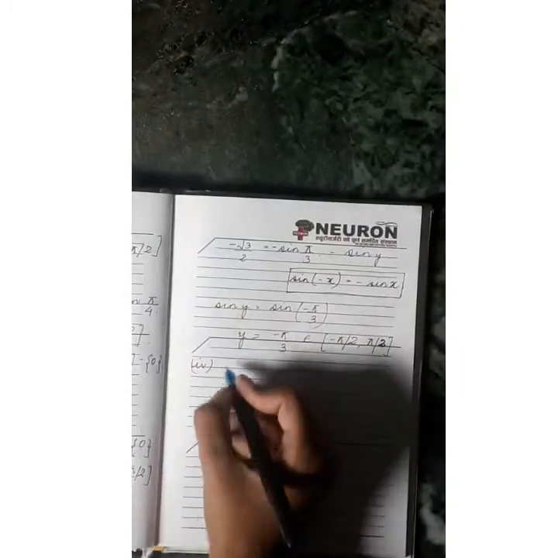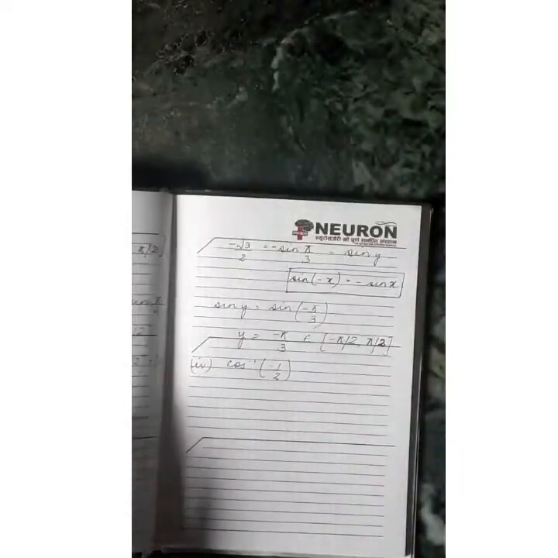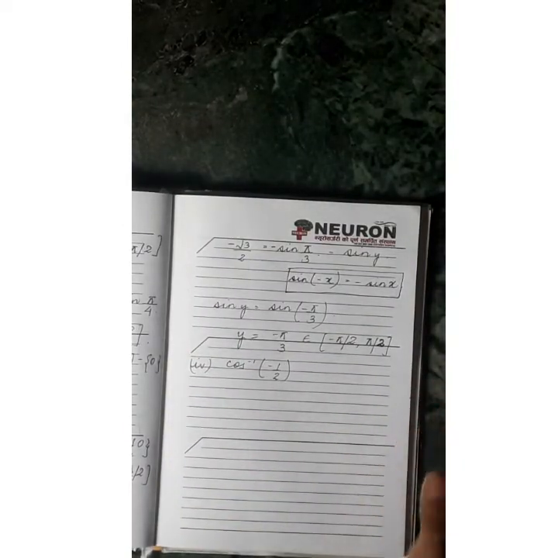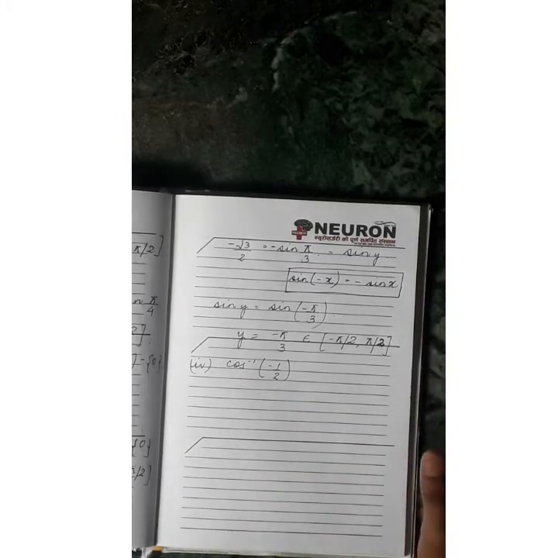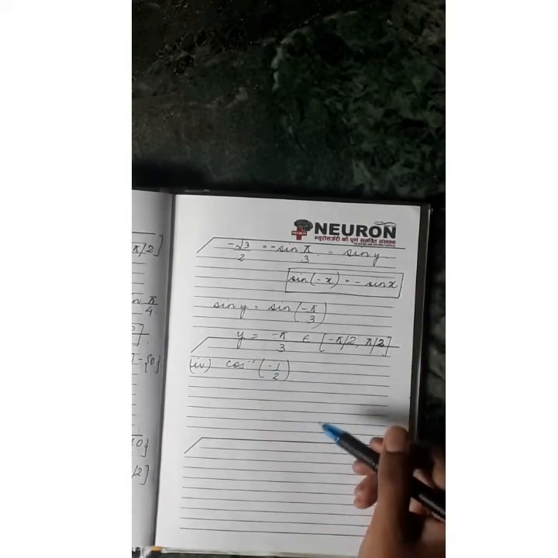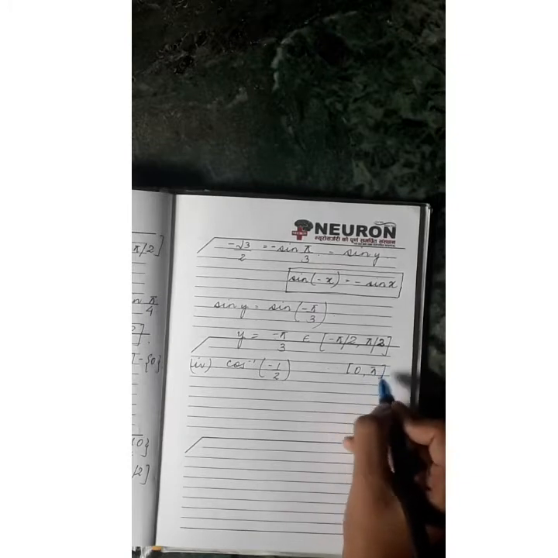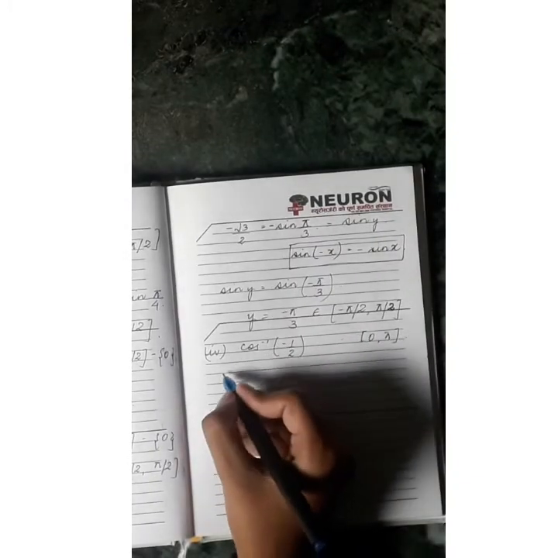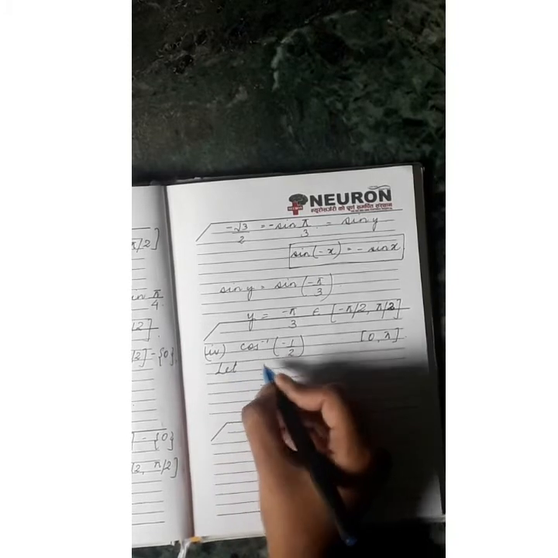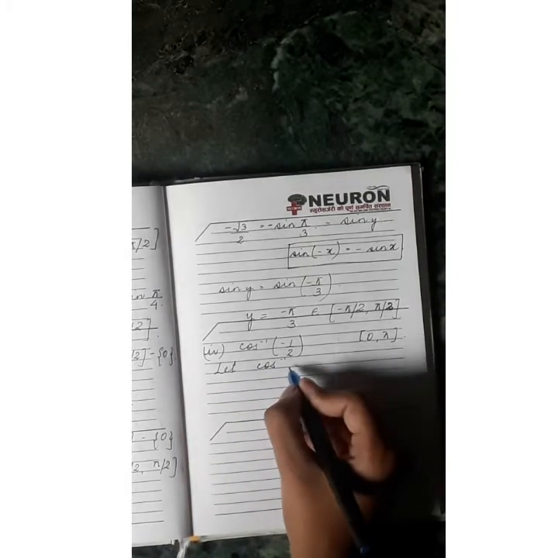Cos inverse minus 1 by 2. Okay. So again, first what do we have to do? Firstly, we have to remember the principal value branch of this function, that means of cos inverse function. So what is it? It is from 0 to pi. You have to find such a value of cos inverse function so that it lies between 0 to pi.